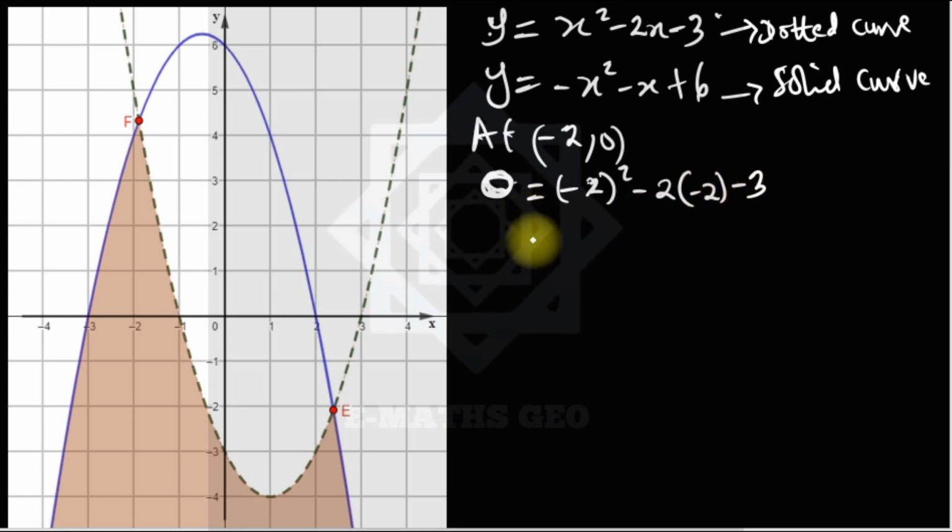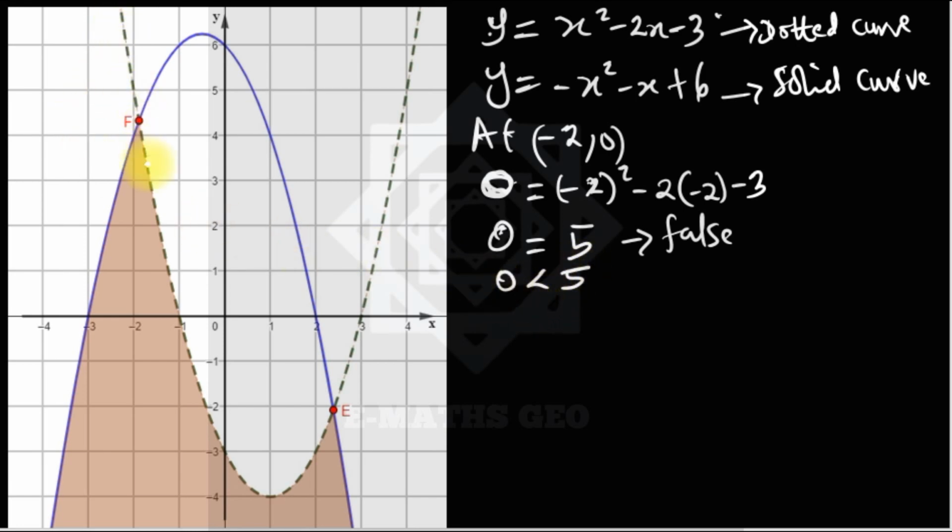Yes, so we have 0; this is 4, so 4 plus 4 is 8, 8 minus 3 is 5. So what do you notice? 0 is not equal to 5. True or false? So it's false. So the best sign is that 0 is less than 5.